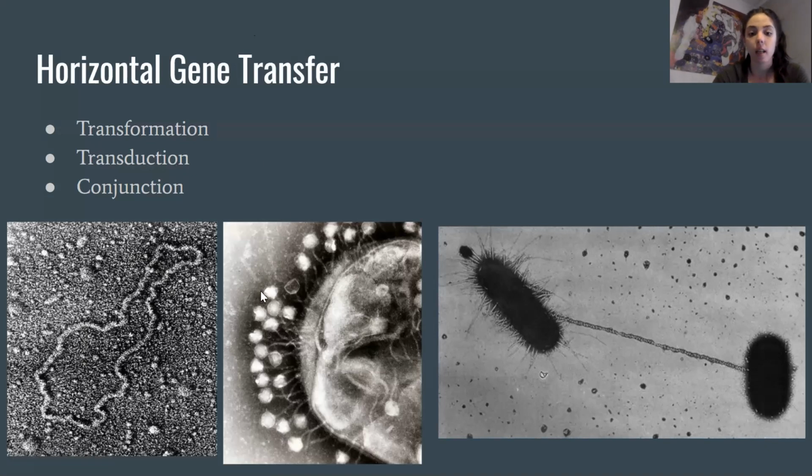We have transduction, which is the process by which foreign DNA is introduced to a cell by a virus or a viral vector. So that's here in the second image. And then we have conjugation, which is the ability for bacteria to transfer DNA. Again, this is going to be in the form of a plasmid through a pilus. So this is a direct contact from one bacterium to another.